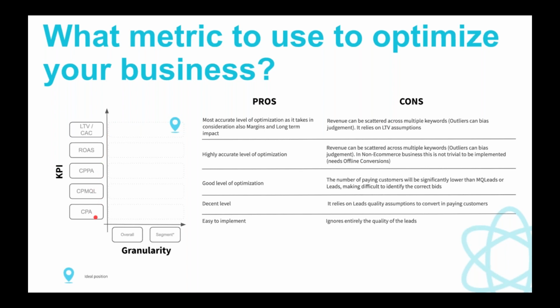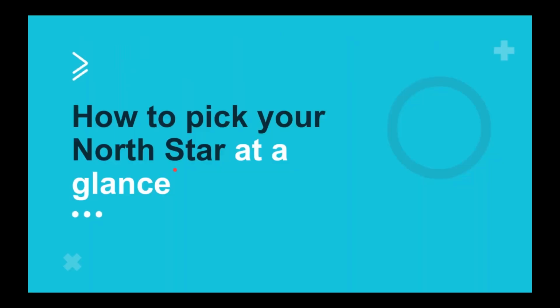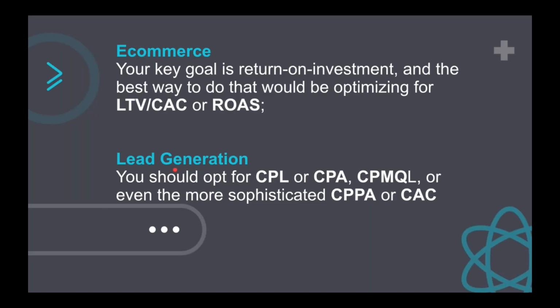On the other hand, if you are in the lead generation game, you want to start with a CPA, and if you already are in a more advanced situation, you want to test cost per marketing qualified lead, or even CPPA, and you want to play that even at segment level. So to simplify and to summarize the question, how do I pick the right North Star? Let's split the world in two.